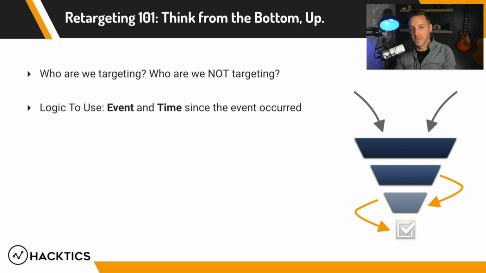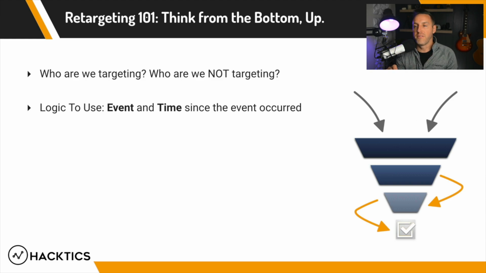Now, there could be something to be said for putting those people into an upsell campaign, but that is not what we're talking about here. We're talking about this logic. So in the case of people booking a demo or requesting a quote, take Calendly as an example. There are a lot of events when you have a Calendly embed on your page. When somebody adds a time or looks at a date, there's an event that fires.